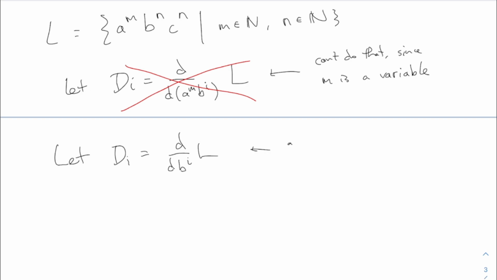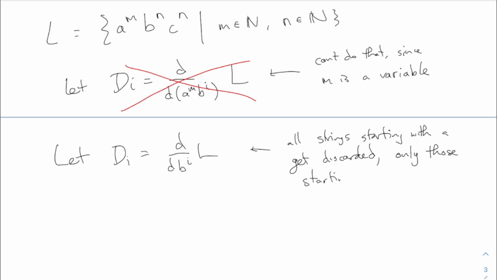All strings starting with a get discarded. Only those starting with b will remain.